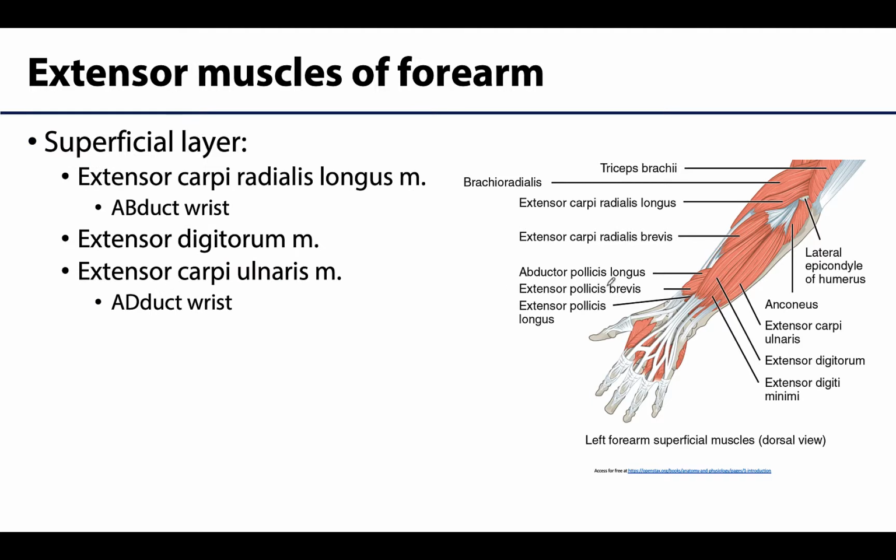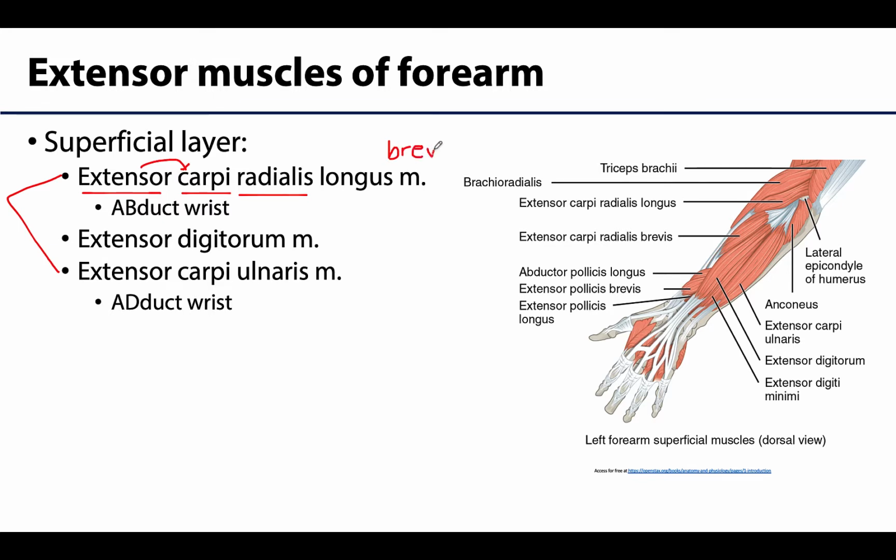So similar to what we had with the flexor carpi radialis and flexor carpi ulnaris, you have kind of matching ones on the back, on the posterior side. So you have the extensor carpi, so we'll extend the wrist on the radial side, and on this posterior side you have both a longus and a brevis, and they're both important.